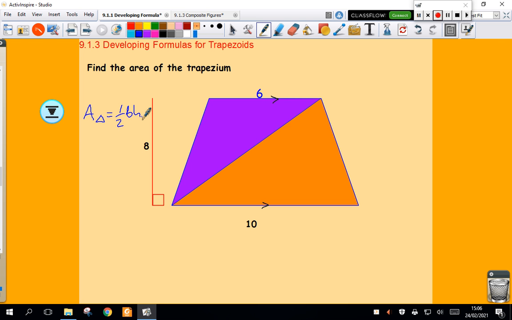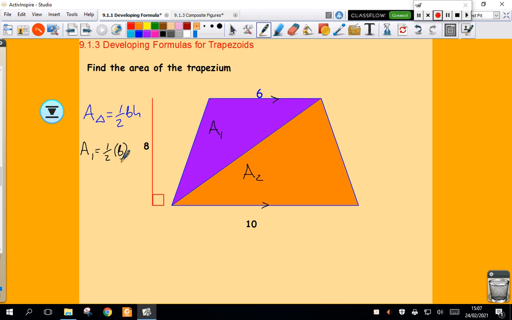So if I look at this triangle over here, let's call these triangle areas A1 and A2. Let's look at A1, this one up here first. It's going to be half times the base times the height. So what's the base of this triangle? Well, this has the little base from the trapezoid of 6. So the base here is 6.